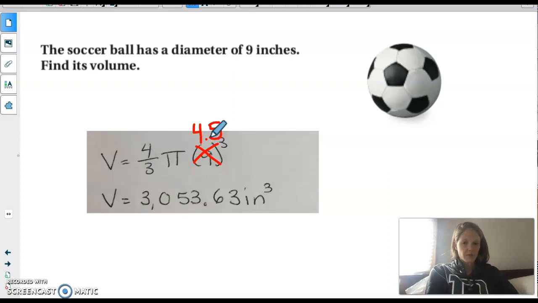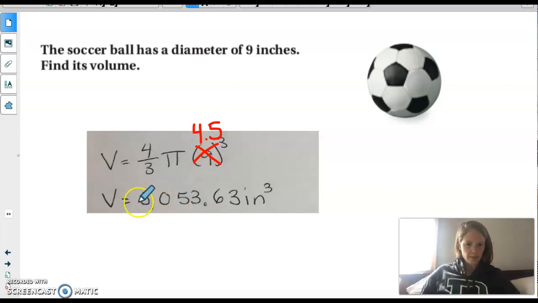And so if I just throw that in my calculator really quick, we'll go 4.5 cubed, and then times pi, times 4/3.